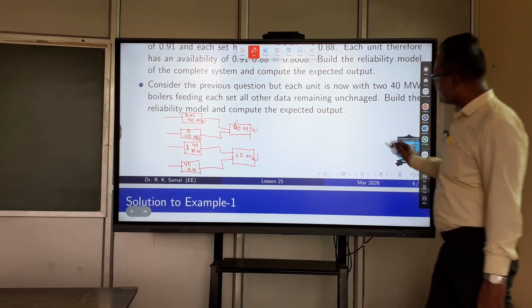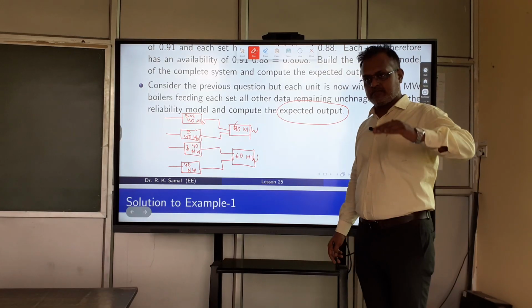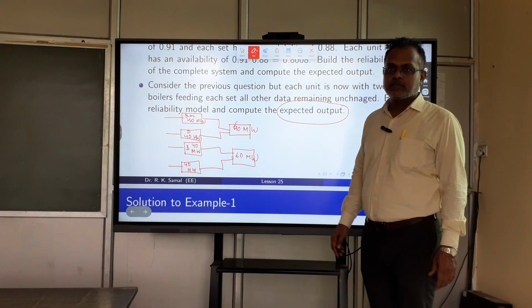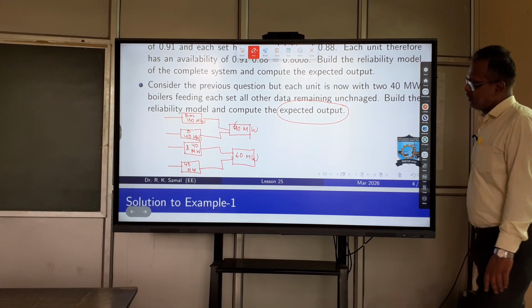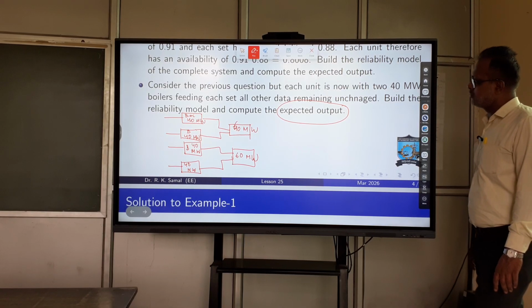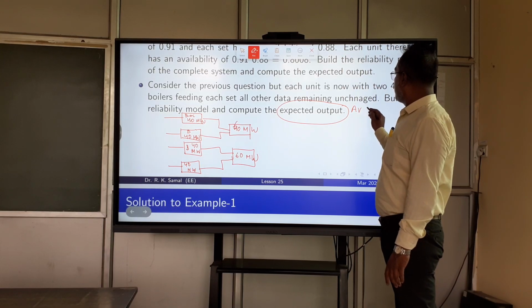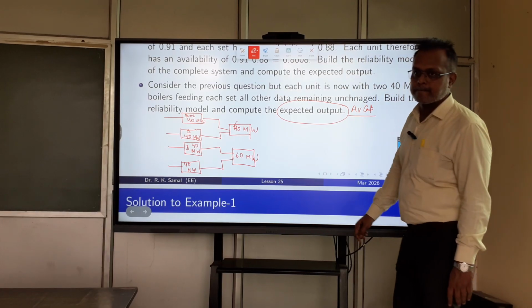So for the expected output, again, how to obtain it? You will find out each of the states and their probability, then multiply. Now tell me the available capacity category.